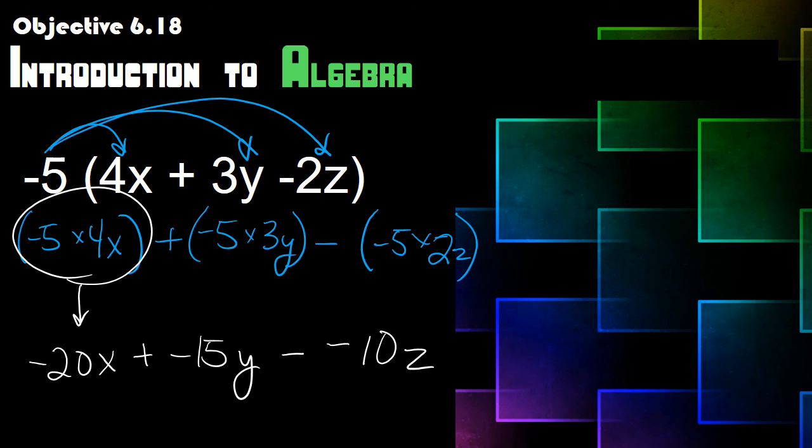We can leave it just like this, or we can change our subtraction sign to addition, and negative 10z, we can make that positive 10z. So we know our final answer is negative 20x plus negative 15y plus 10z. So that's how we use the distributive property using variables, and you will rock this and be math superstars with it.